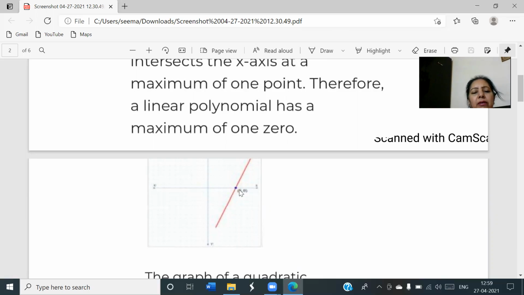At that point, the x-coordinate is k and the y-coordinate is 0, and this k is called the zero of the polynomial. Therefore, a linear polynomial has a maximum of 1 zero because it has 1 point.